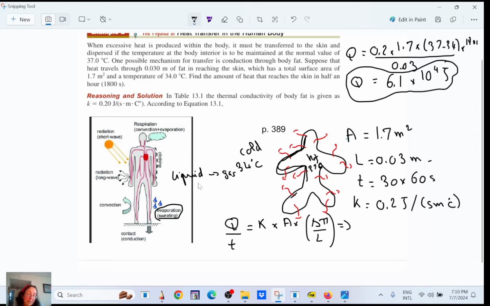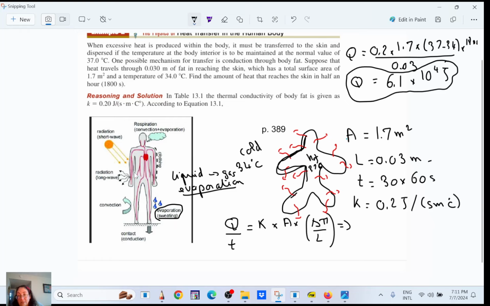So it takes that heat from the body, and the body cools down. This is called evaporation. Each time you have evaporation, it's a way to cool down. That water evaporates, taking heat from the body to turn into gas. That's a very good way to cool down.